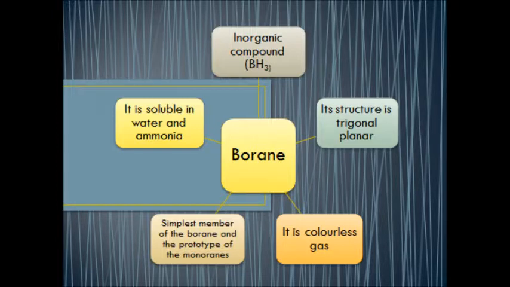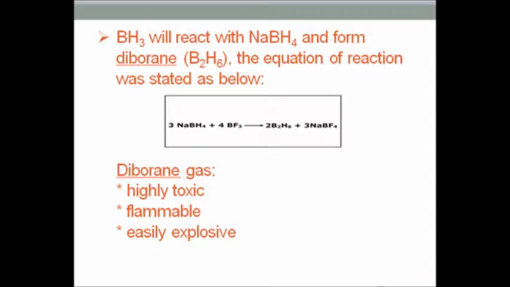And lastly, it is soluble in water and ammonia. BH3 will react with sodium BH4 and form diborane gas, and the equation of the reaction is stated below. Diborane gas is highly toxic, flammable, and also easily explosive.